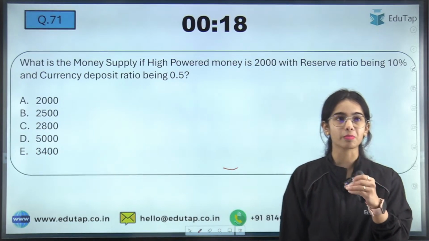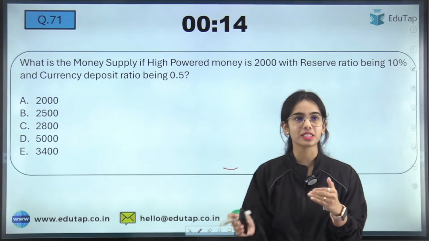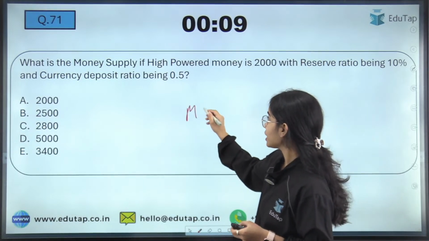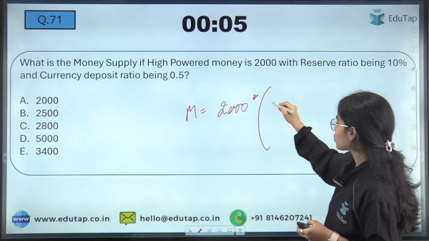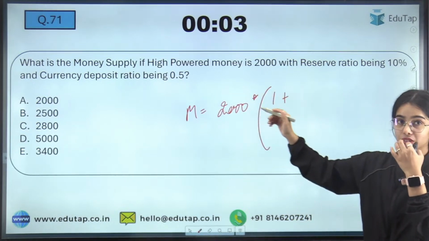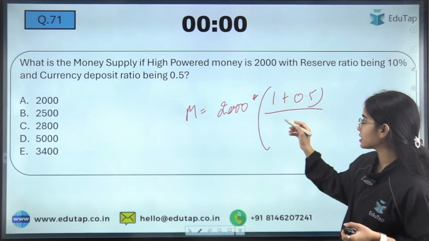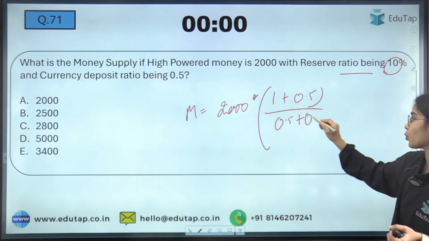Next is, what is the money supply if the high powered money is 2000, the reserve ratio is 10% and the currency deposit ratio is 0.2? The money supply is 2000 multiplied by the money multiplier, that is 1 plus the currency deposit ratio, 0.5, divided by the currency deposit ratio plus the reserve ratio, 0.1.